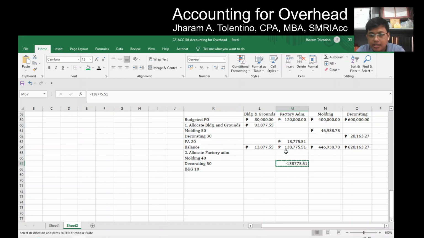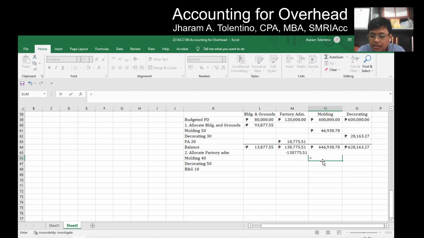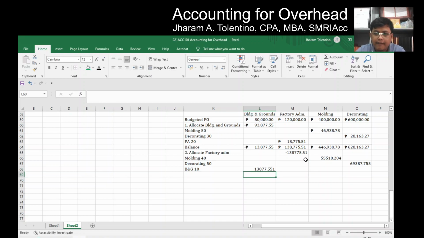Copy na lang natin. Okay. So, si molding will have 40% niya. So, we have 138,775.51 times 0.40. This is 50%. This is 138,775.51 times 50%. And lastly, ito 10%. This is 138,775.51 times 10%.